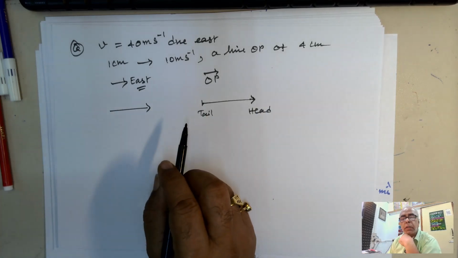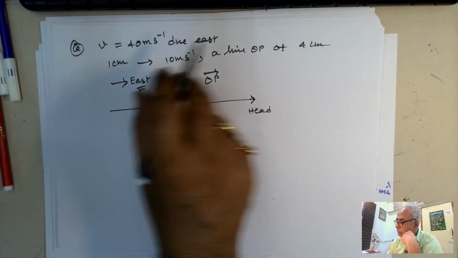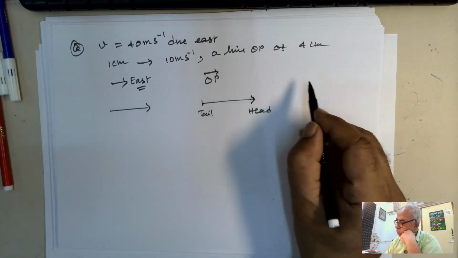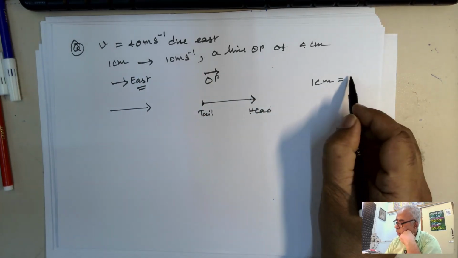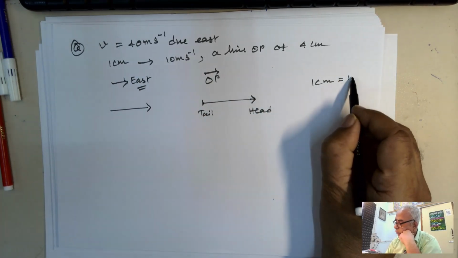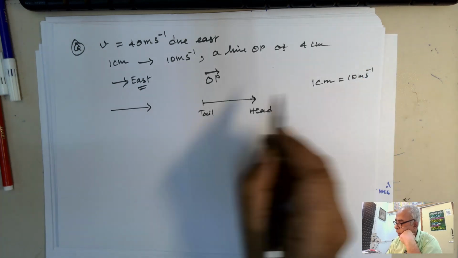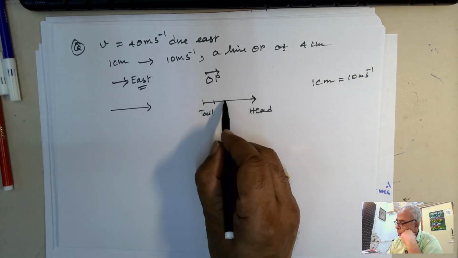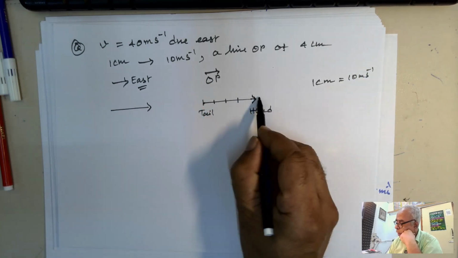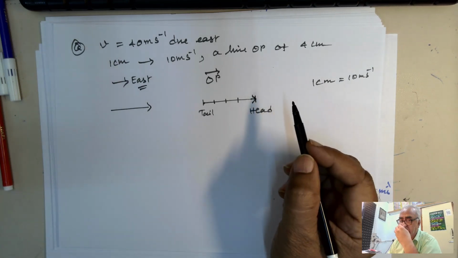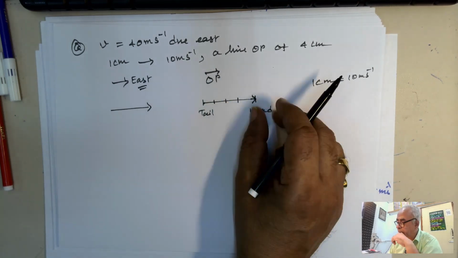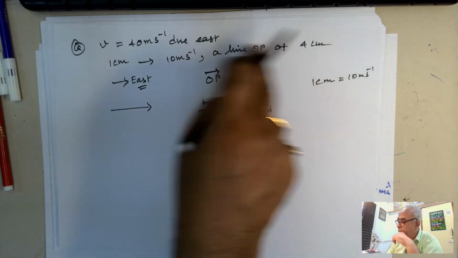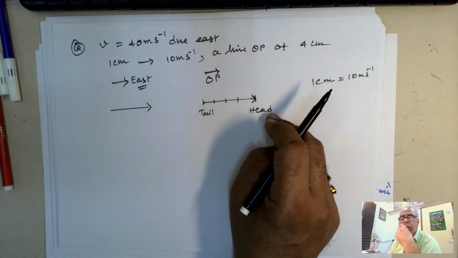Now, when you say 1 centimeter is equal to 10 meter per second, it is represented like this. So 1, 2, 3, and this is the fourth one. Are you able to understand? So it means it is at 40 meter per second speed.